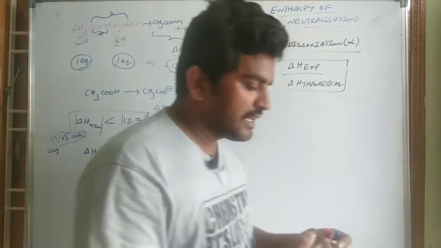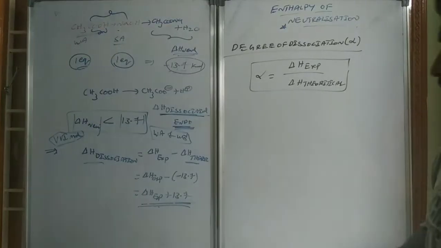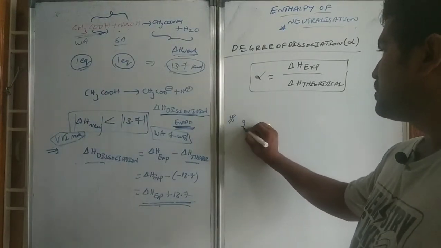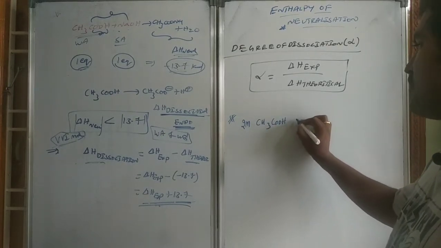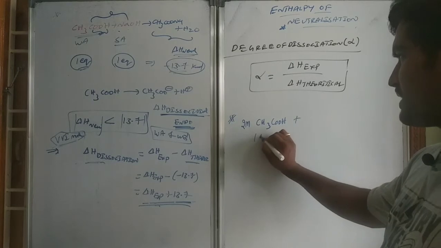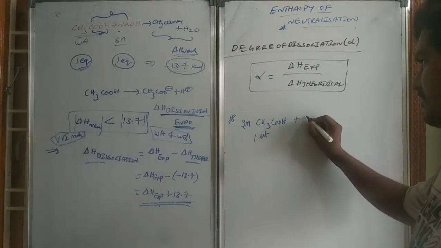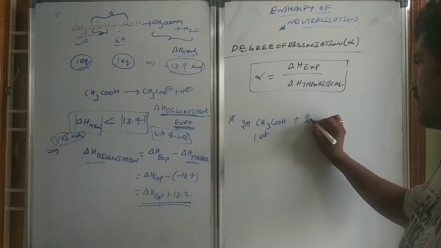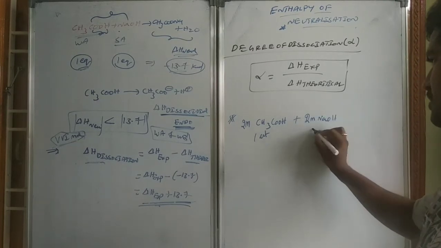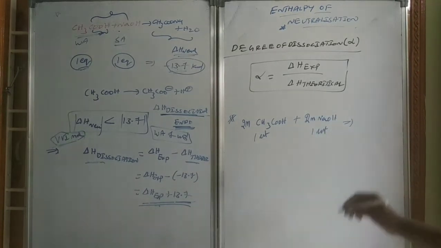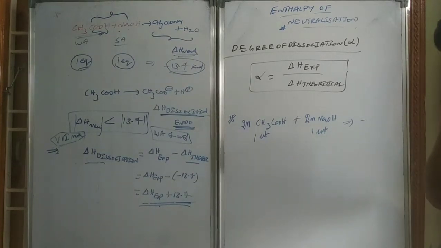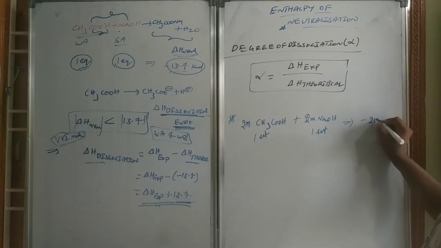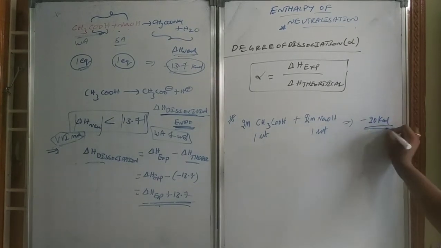You know very well where we can apply these alpha values. Let us say 2 molar acetic acid of 1 liter is mixed with 2 molar NaOH of 1 liter, and the heat liberated was minus 20 kilocalories.